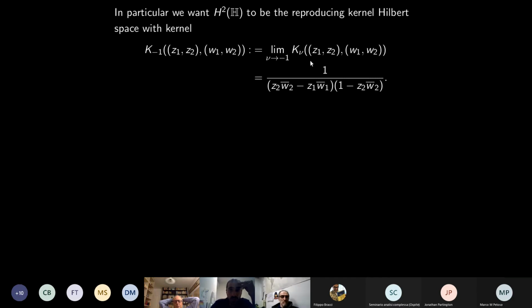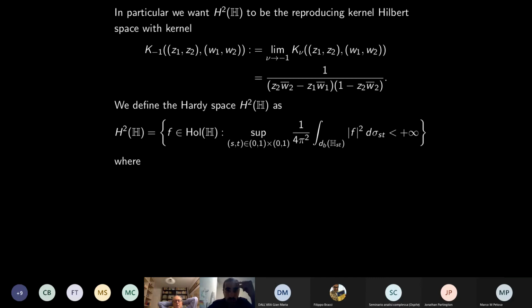If you take our family of kernels and just take nu equal -1, you end up with this kernel here. So actually we have a prescribed kernel, and we want to find the holomorphic function space that has the given kernel as a reproducing kernel, and so we define, we end up with this space here.